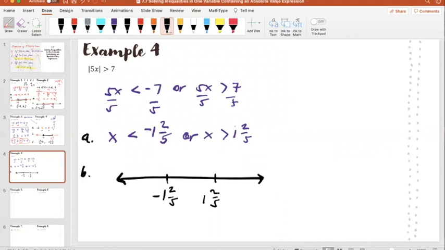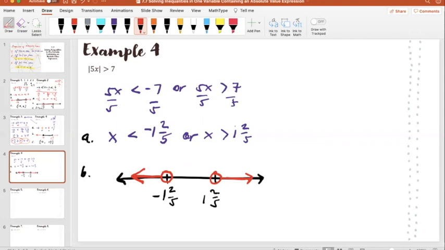For x less than negative 1 and 2 fifths, is it open or closed at negative 1 and 2 fifths? It will be open, and all numbers less than negative 1 and 2 fifths are at the left. How about 1 and 2 fifths? Is it open or closed? It's going to be open, and all numbers greater than 1 and 2 fifths are to the right of that number. So we have that graph.